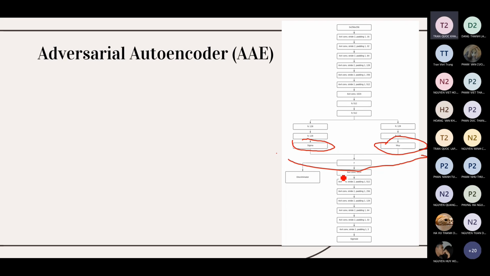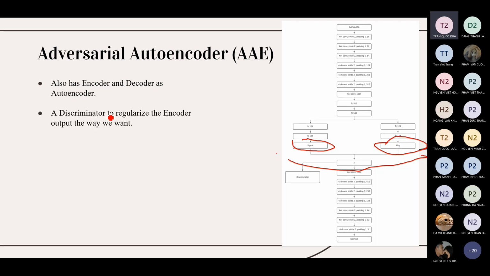After that, the decoder will decode the latent vector. It's similar to the VAE we discussed in our course, but instead of the KL divergence loss, we use a discriminator loss to tell the encoder to output a latent vector that is similar to a fixed distribution.